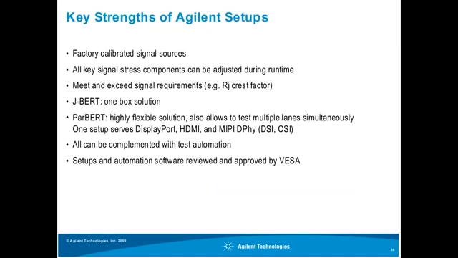In terms of having a look at JBERT, this is a one-box solution for the test. And you saw multiple PARBERT modules. PARBERT is a highly flexible solution, which also allows to test multiple lanes at the same time.